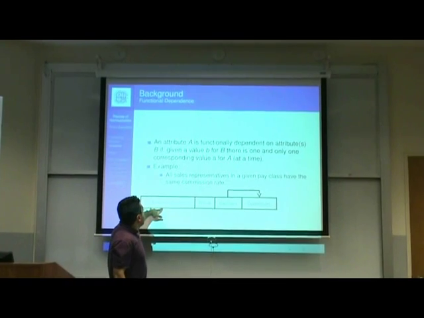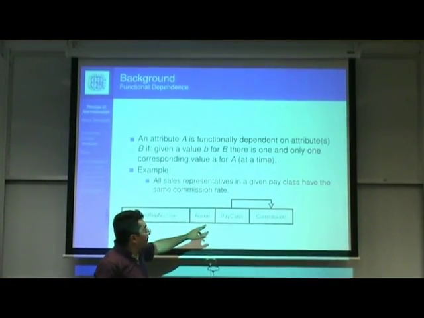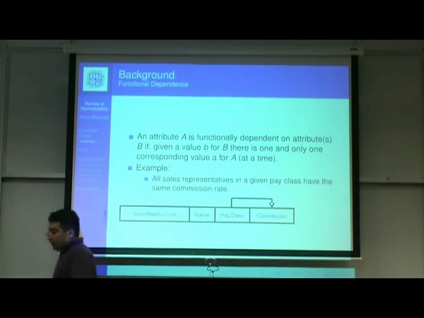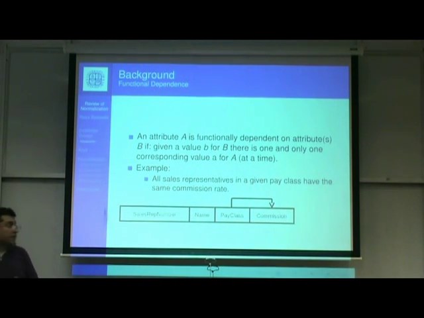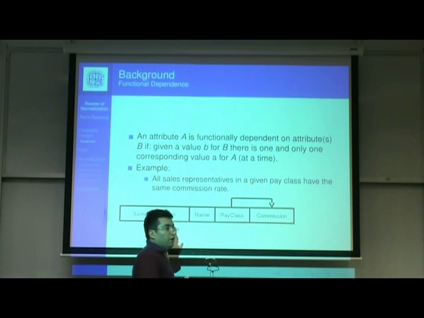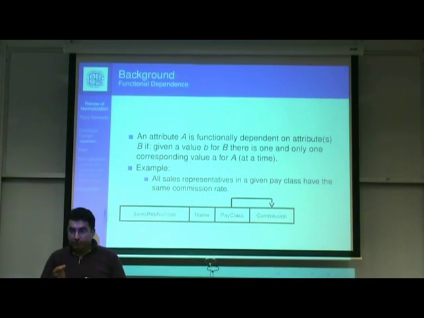We have the sales representative number, the name of the sales representative, the pay class of that one, and the commission he gets in terms of money. Obviously there is a dependency between two fields over here. If you know the pay class of a representative, definitely you can compute the payment, the commission.